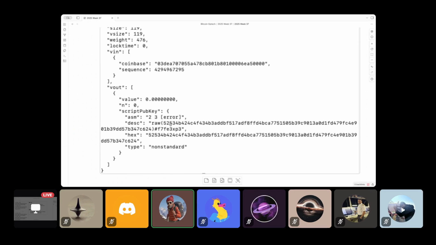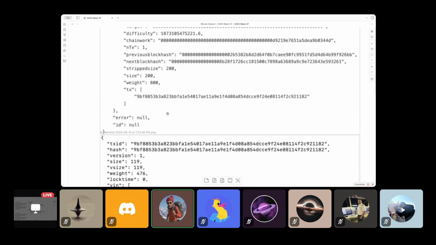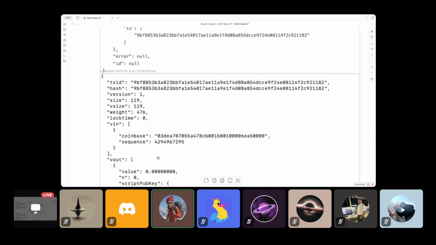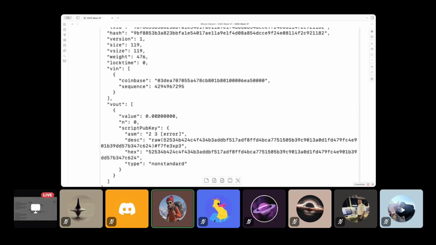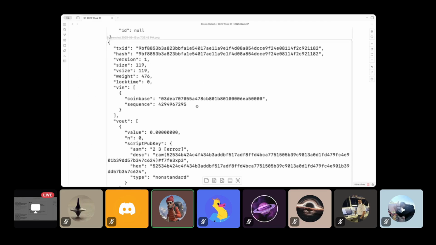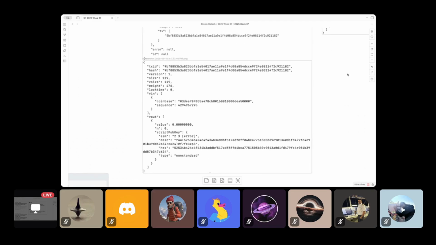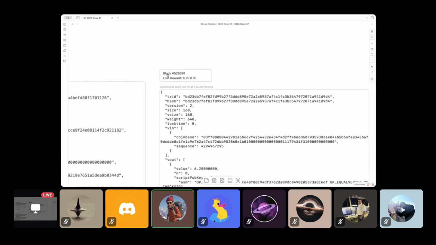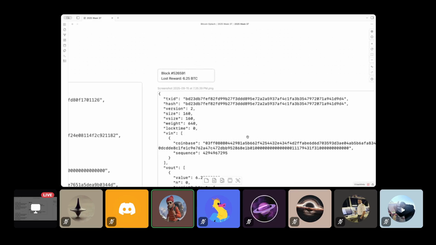Basically, the block reward, which is 12.5 BTC, the protocol sent to this script pub key, and hence it is lost forever. So this is one example, and another example is block 526591.